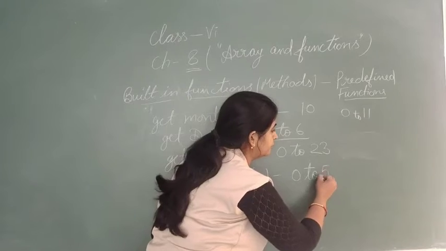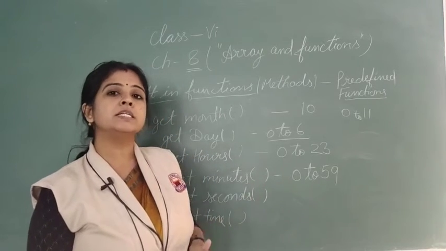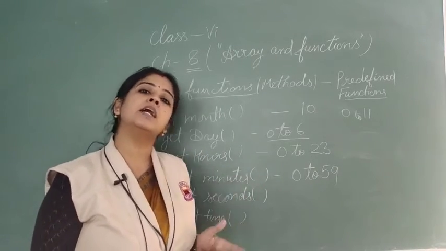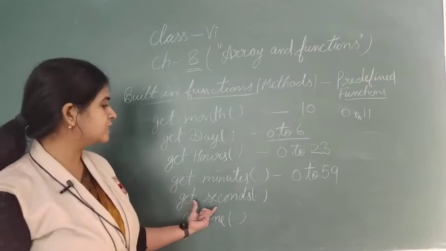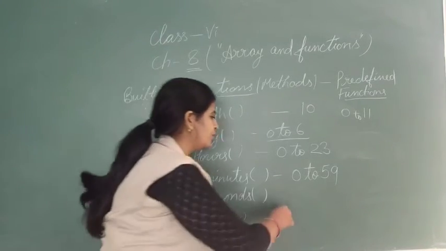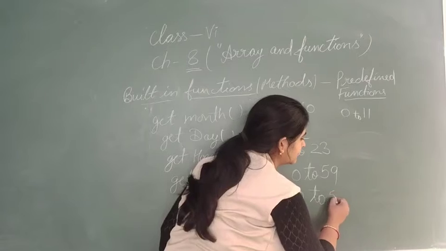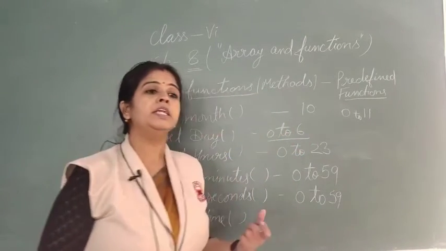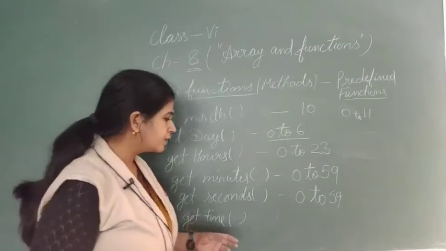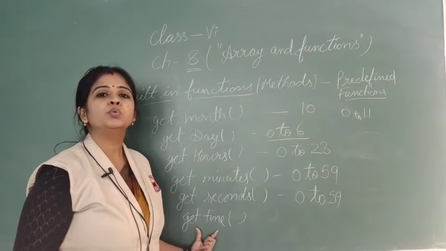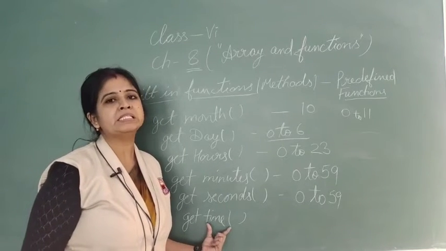It gives a value between 0 to 59 because in a single hour 60 minutes are there. getSeconds similarly returns a value between 0 to 59, the seconds of the specified time. getTime returns the specified date with milliseconds included.